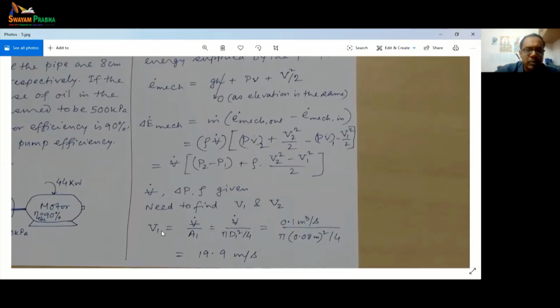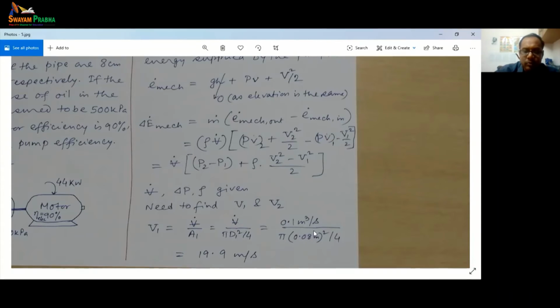So V1, how will we get it? We will get it from the given quantity, which is the volume flow rate. Volume flow rate is given, and the diameter of the pipe is given, so we have the area. So the volume flow rate divided by A1 is the velocity. This pi d1 squared by 4 is the area.